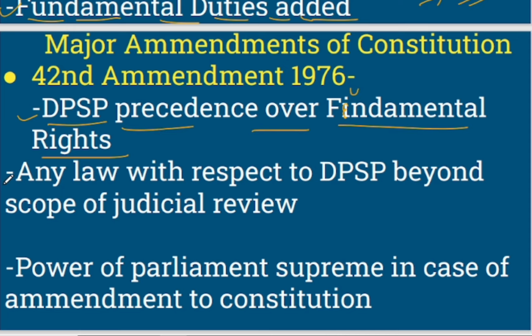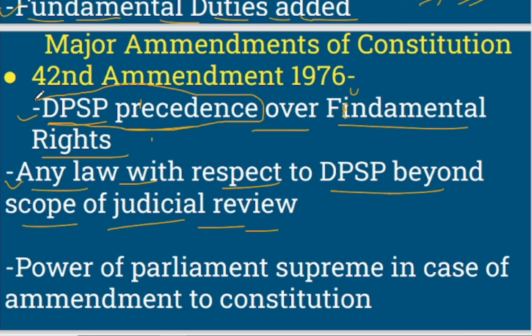And this act also said that any law with respect to directive principles of state policy is beyond the scope of judicial review or scrutiny. This statement is related to the DPSP precedence point as well.